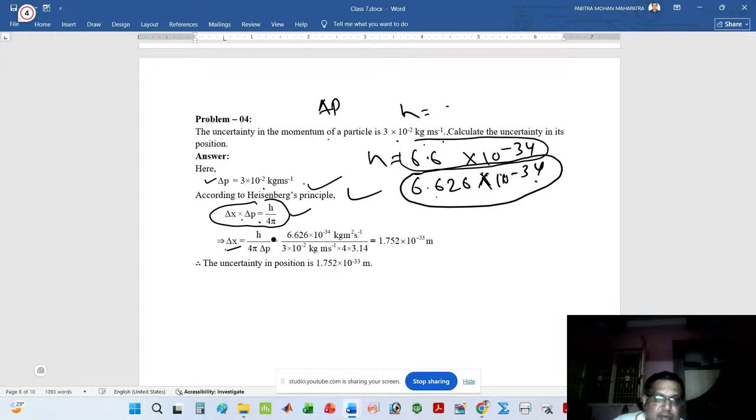Now del x is h by 4 pi del p. Put the value of pi, del p and h.